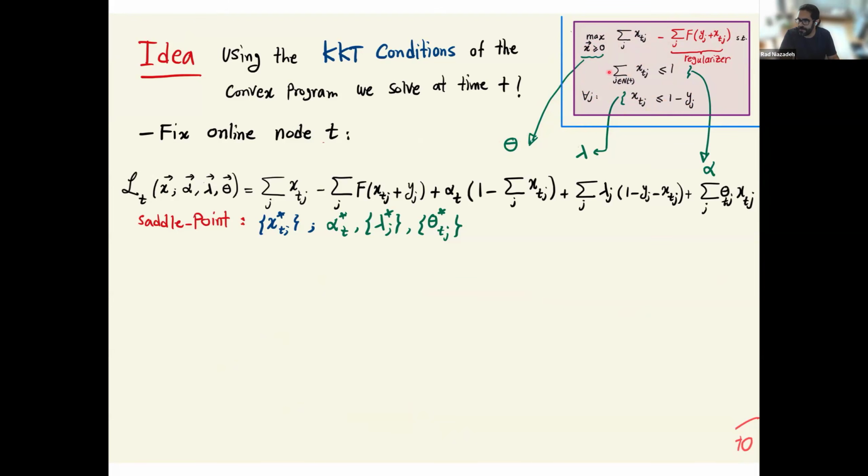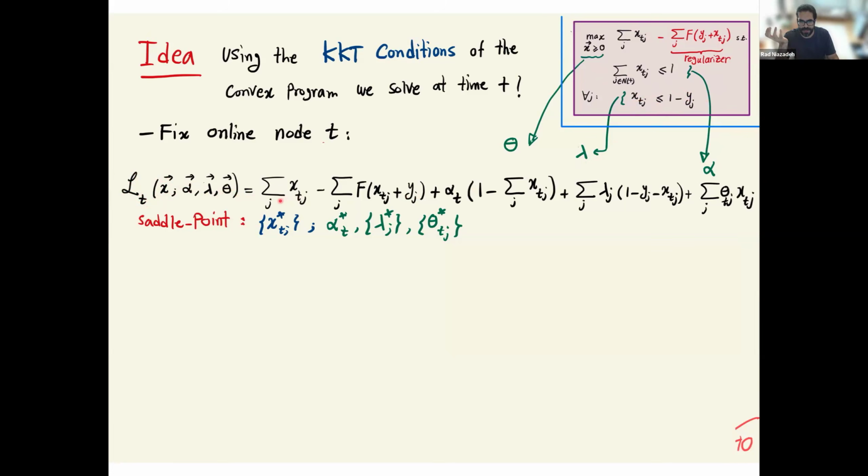For the matching constraint on the online side, I'm going to use the dual variables alpha. And for the matching constraint on the offline side, one for each of these offline nodes, I'm going to use the dual variable lambda. Then this is the Lagrangian function that you can write down for that single online node T. It has two sets of variables: the primal variable x, and the dual ones alpha, lambda, and theta.